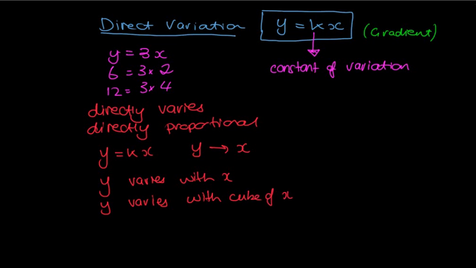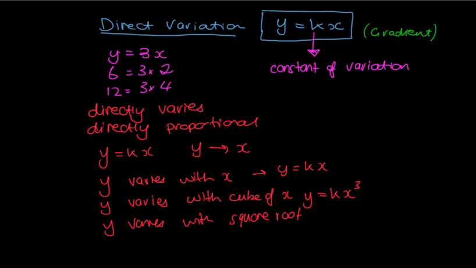Now when we did y varies with x, we came up with y equals kx. So what might we do with y varies with the cube of x? Well, it would be y equals k x cubed, because that's the cube of x. If it was y varies with, let's say, the square root of x, then it would be y equals k times the square root of x.